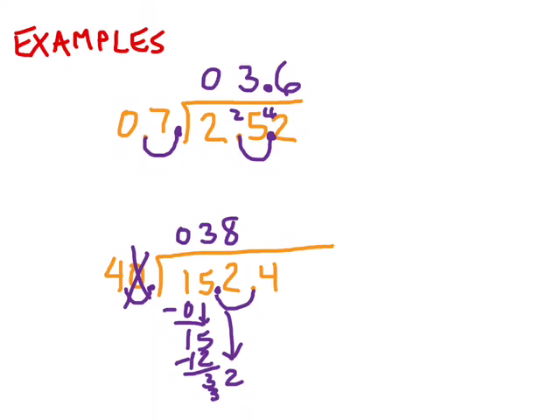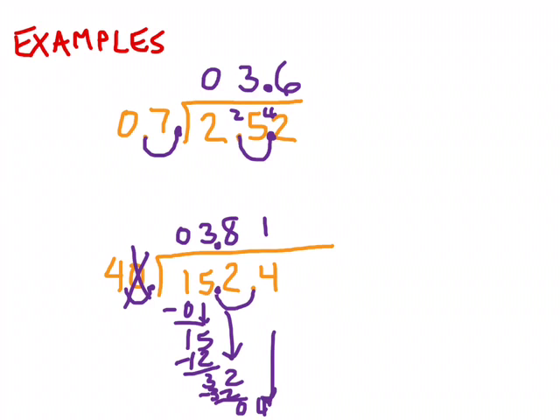So there's nothing left over, bring down my 4. 4 goes into 4 once, and again there's nothing left over. Same thing as before, I'm just going to bring that decimal up from its new position where I moved it to, and I'm done with my problem.